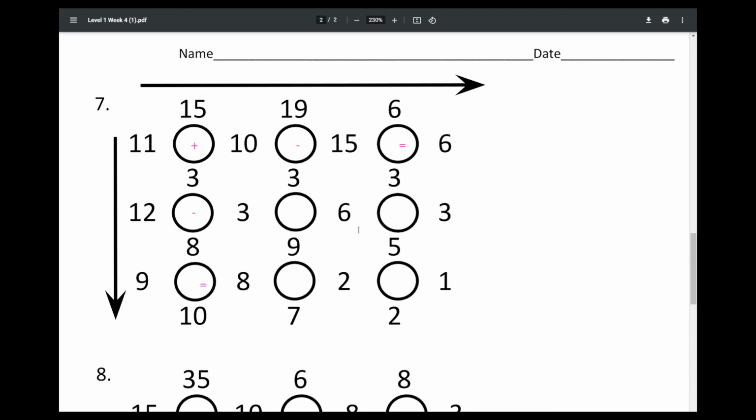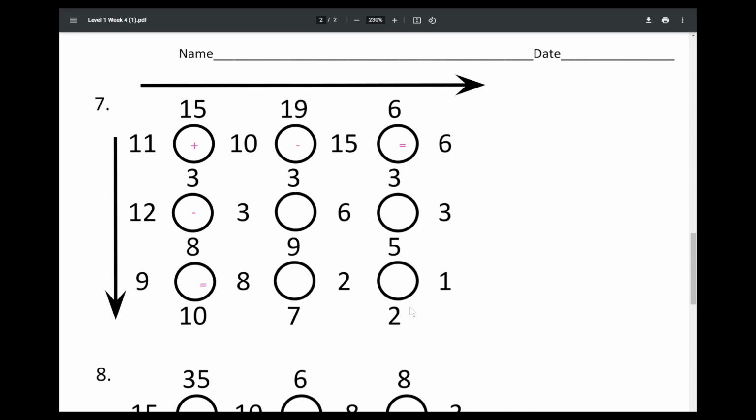Minus. Nevaeh, do you know? 12 minus 3 minus 6 equals 3. Well, we were just asking what is 18 minus 8? Oh, that equals 10. Right, so this line is true. But did you want to try the next row? Is that what you were saying?